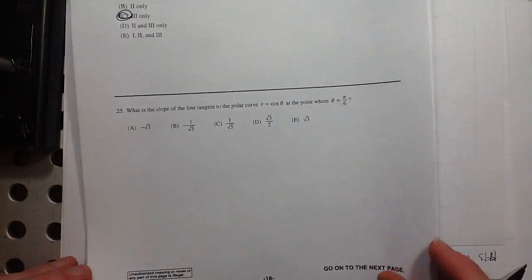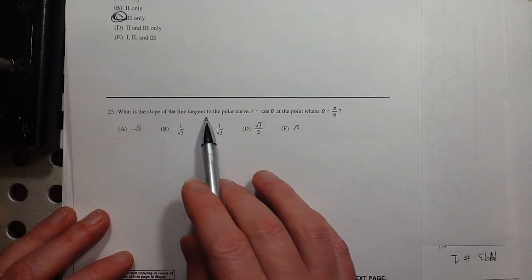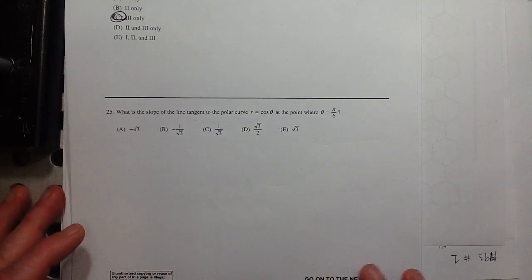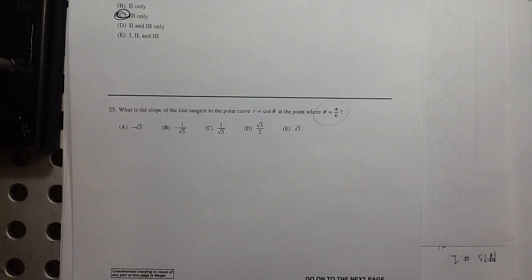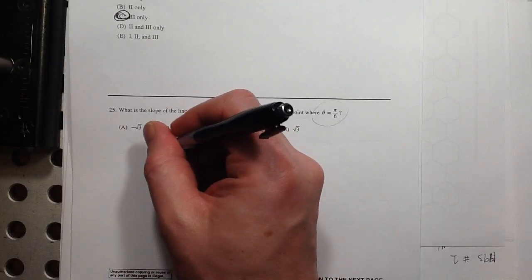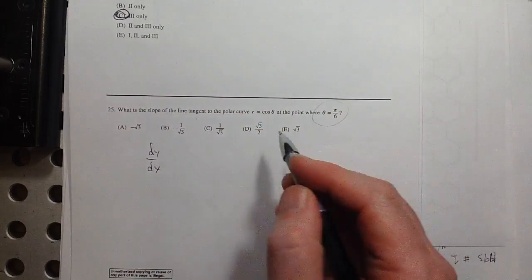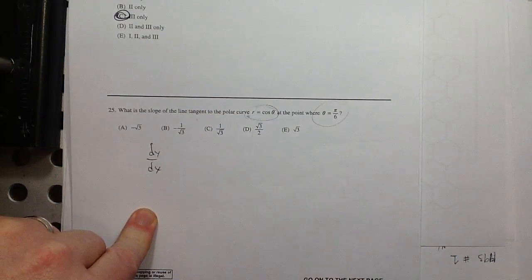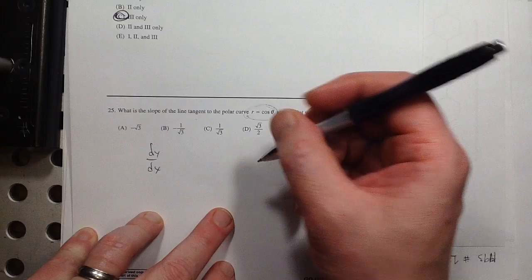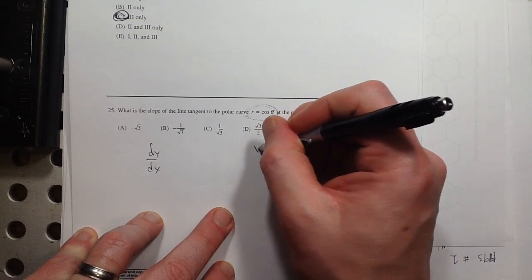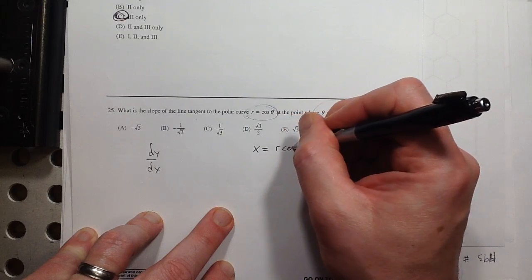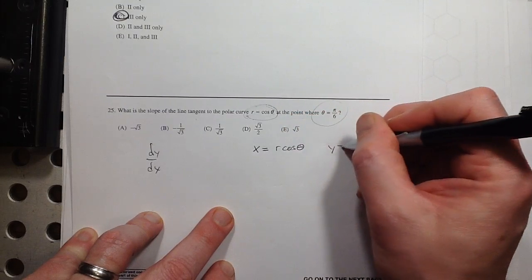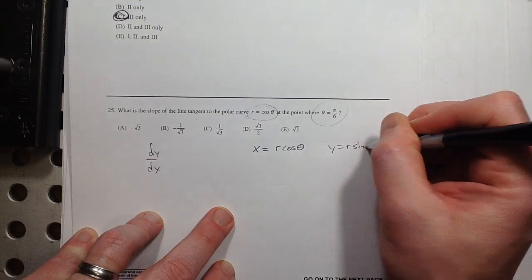Number 25. Slope of the tangent line to the polar curve r equals that, where theta is equal to pi over 6. Okay, if you want to do slope, it's still dy dx. So here, you've got to parameterize this. So let's see. x is equal to r cosine theta, and y is equal to r sine theta.